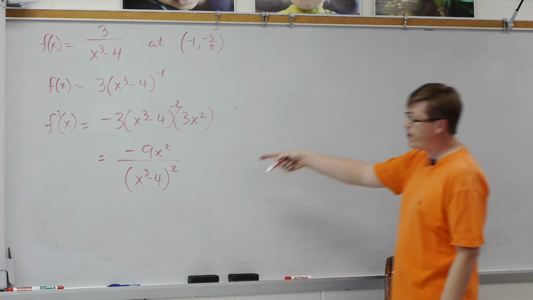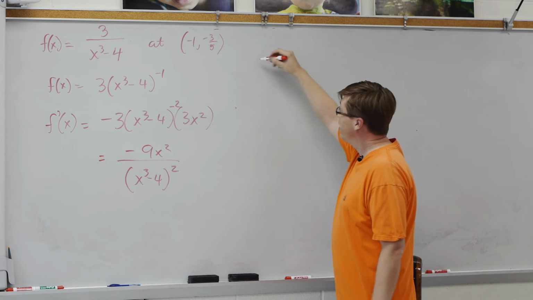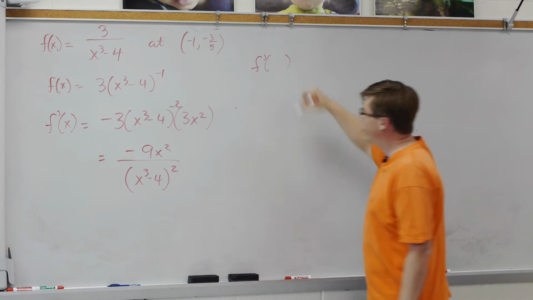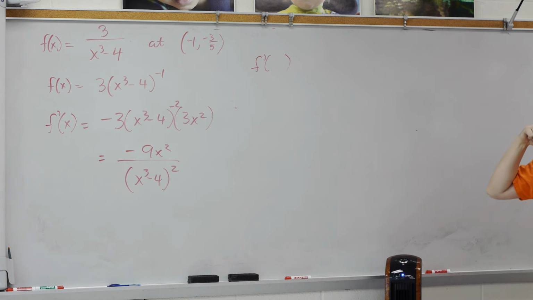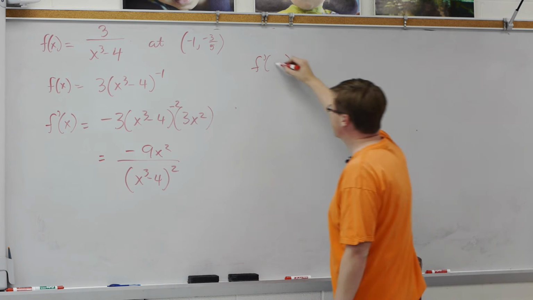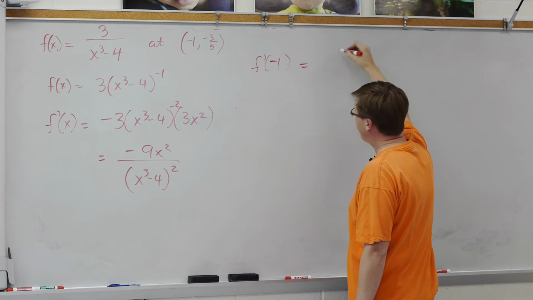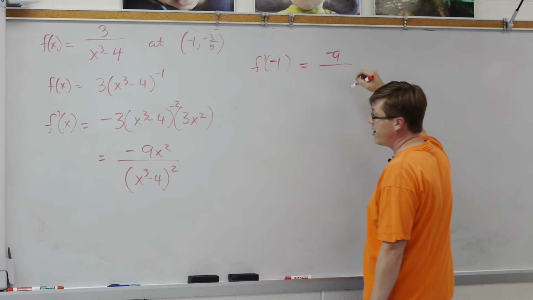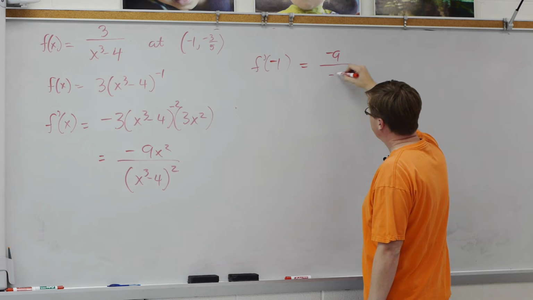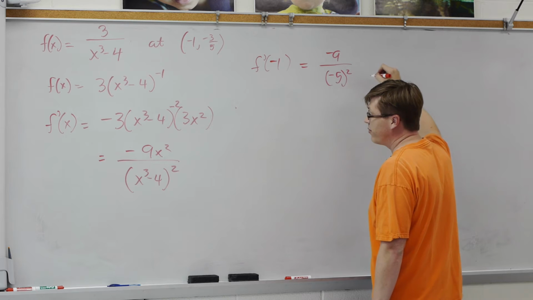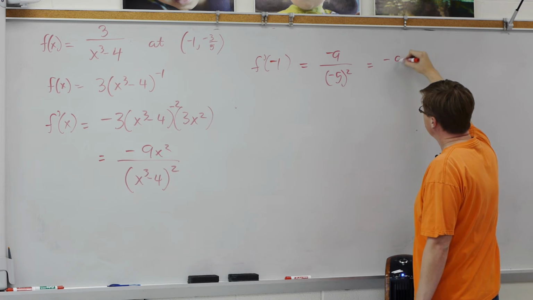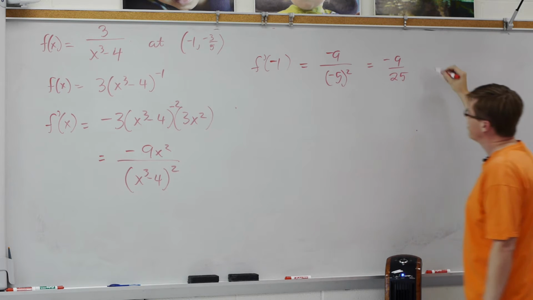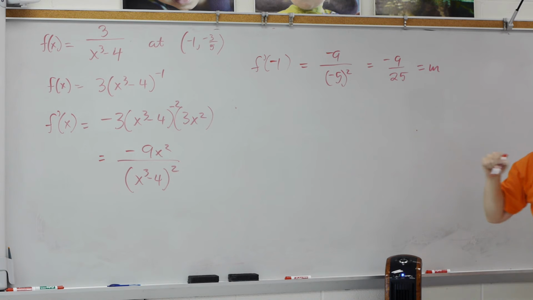All right, so now we can find the equation of the line. I need to know f prime. Where do I need to know f prime at? What x value? -1, because that's where I care about the slope. So f prime of -1 is just going to be -9 over -5 squared, which is -9/25, and that's the slope.